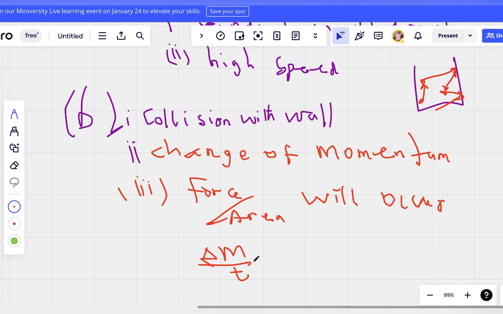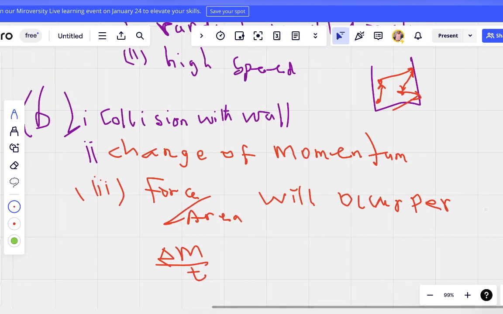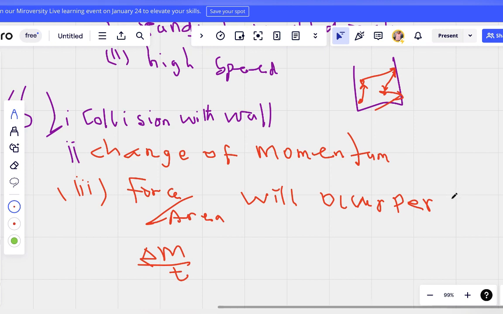Pressure will be the total force that has happened, the total force over the total area. This one is for each individual molecule. It will occur per molecule, for one molecule. But many molecules will be doing the same thing.